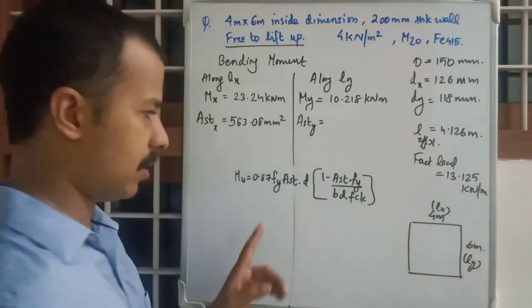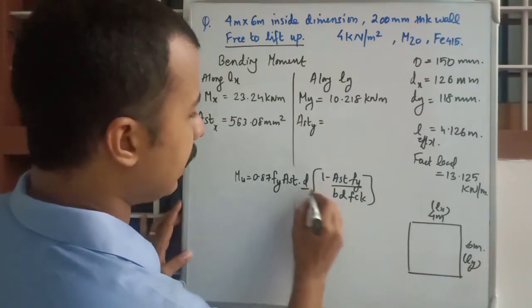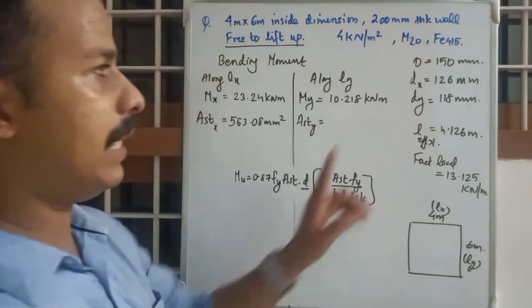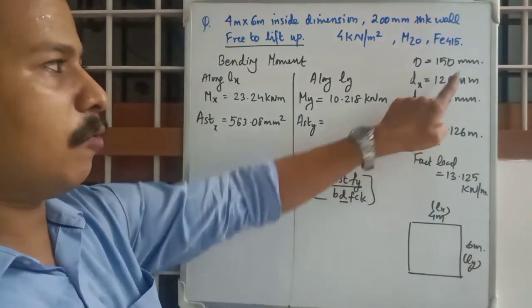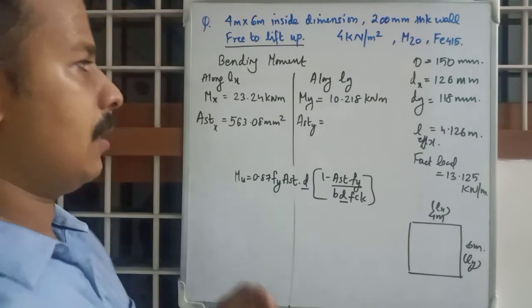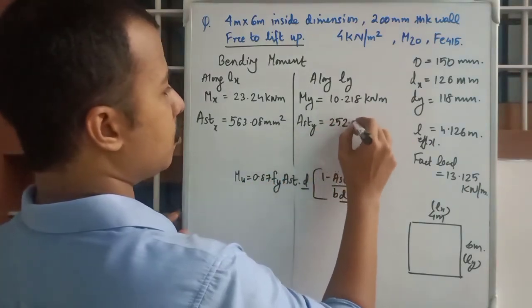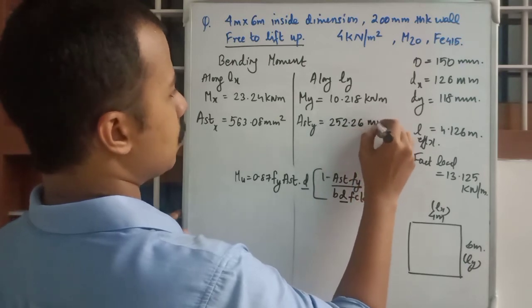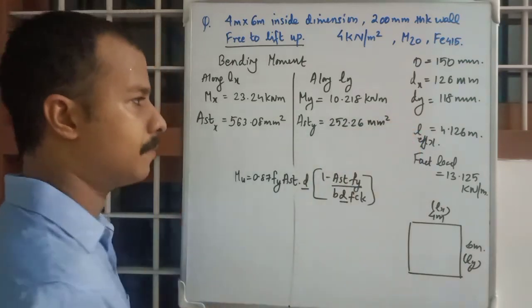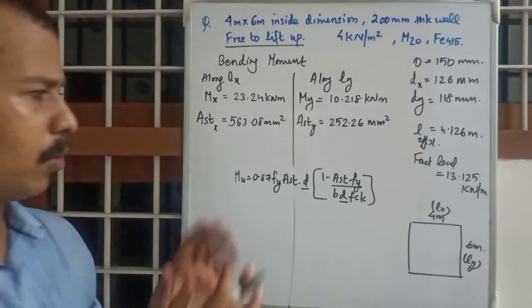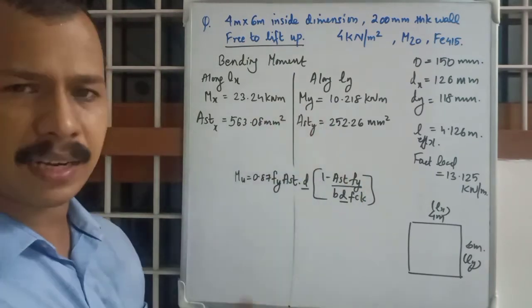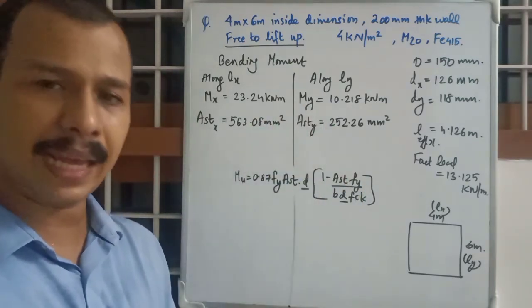The same equation. The only difference will be d. d will be 118 instead of 126. Okay, so you will get the answer as 252.26 mm square. Okay, so I am not writing, it will be a lot heftier, and we are having a little time and space.